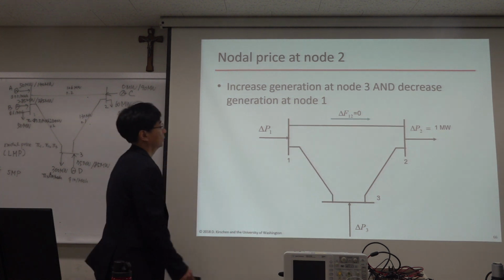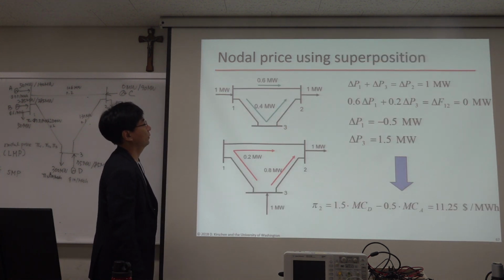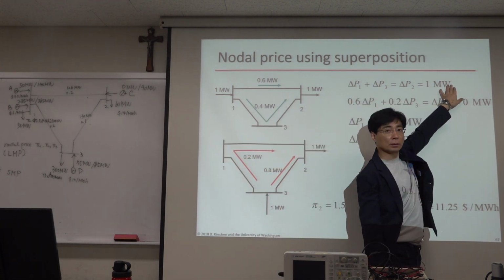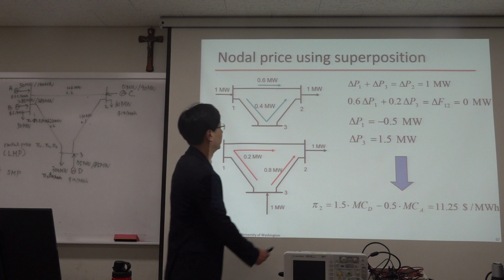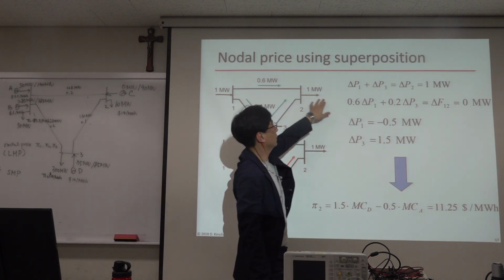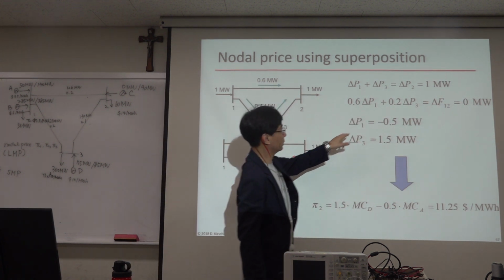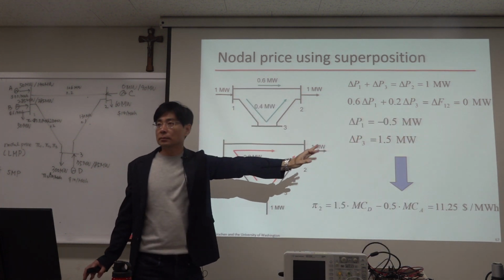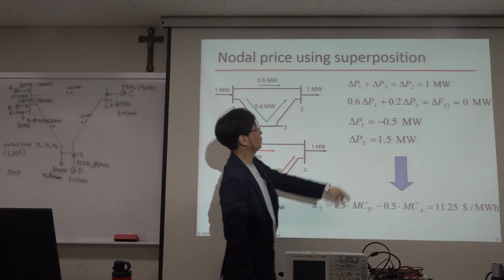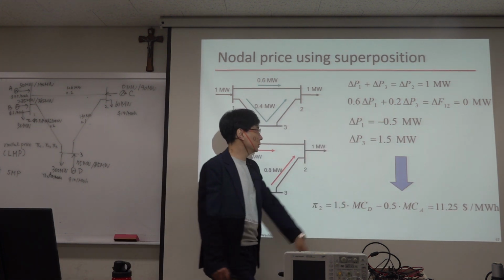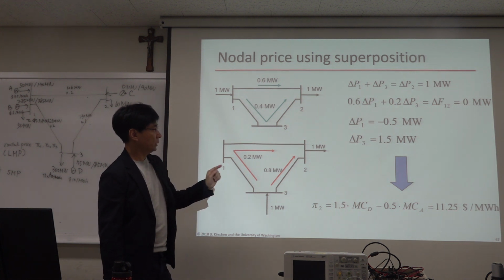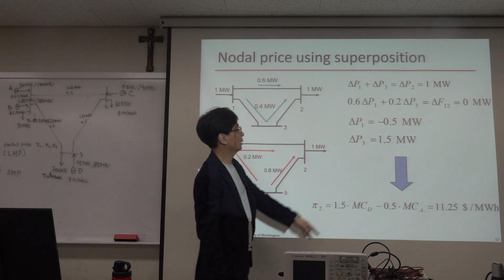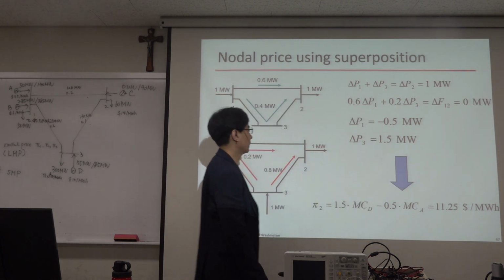So delta P1 plus delta P3 should be one equation, and 0.6 delta P1 plus 0.2 delta P3 should be 0. So two equations, two variables, and the solution is that one: decrease 0.5 megawatt and increase 1.5 megawatt.